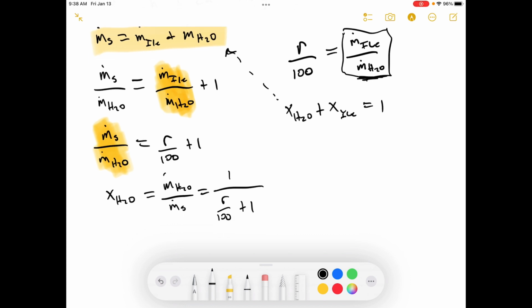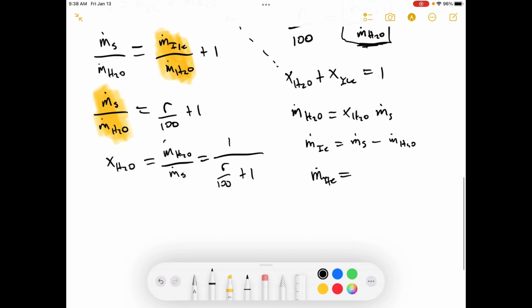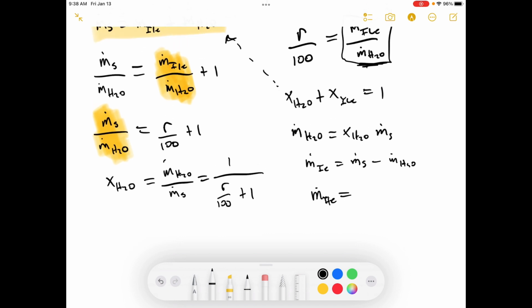So I'm going to go this route. Okay. Now all we have to do is plug in our numbers here and make sure we do our unit conversions correctly.